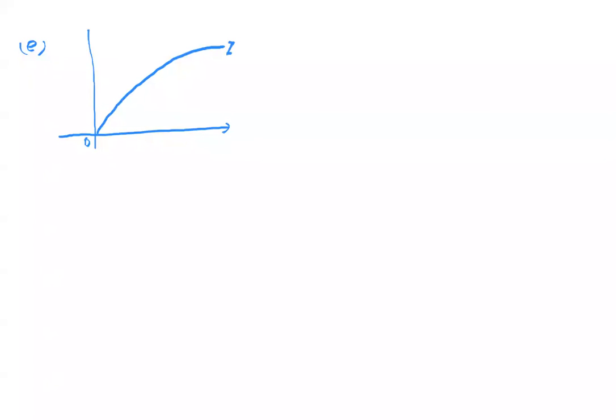This is for the zebra, and this one is for the lion. So find this intersection point, please, to tackle part F as well.